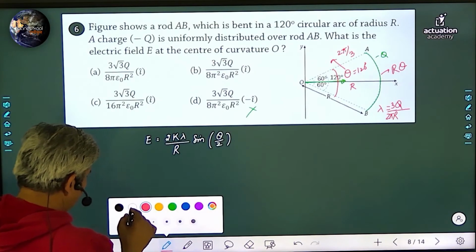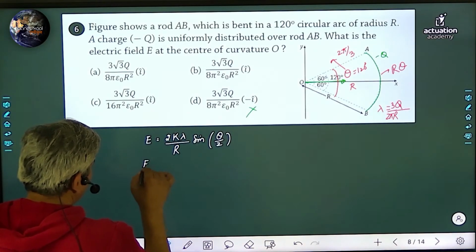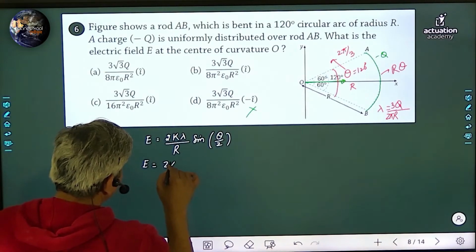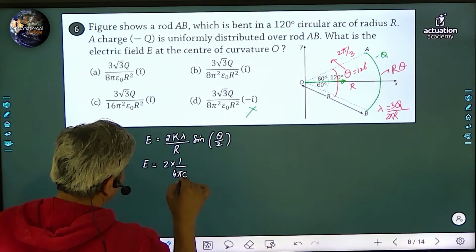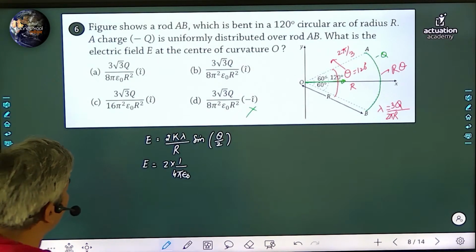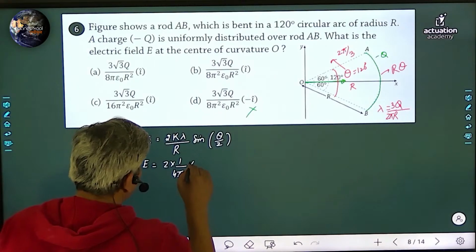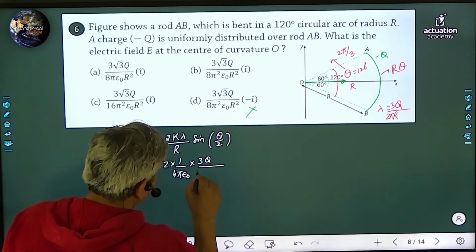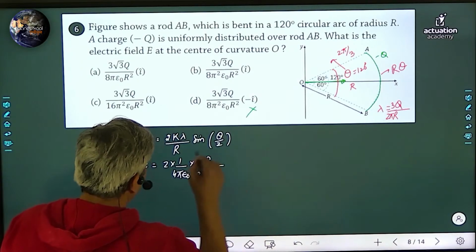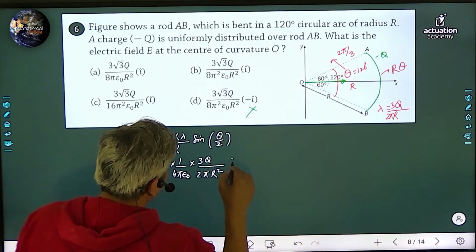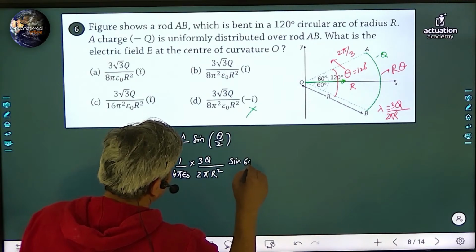So let me just put these values here. E is equal to 2 into k, which is 1 by 4 pi epsilon naught, into q, which is 3q by 2 pi r, and this r will make r square, and sine theta by 2 means sine 60 degree.